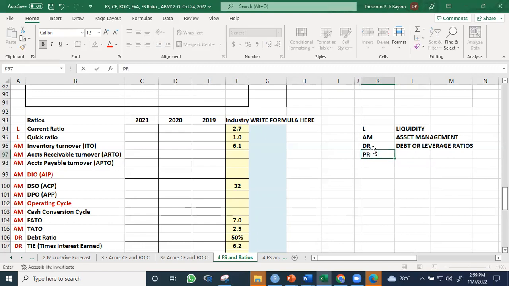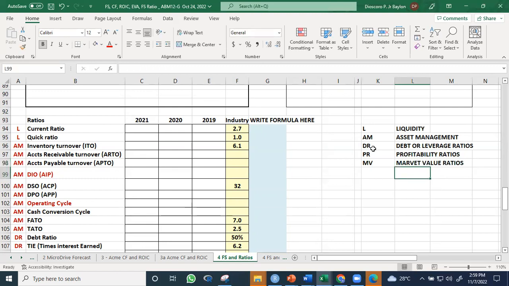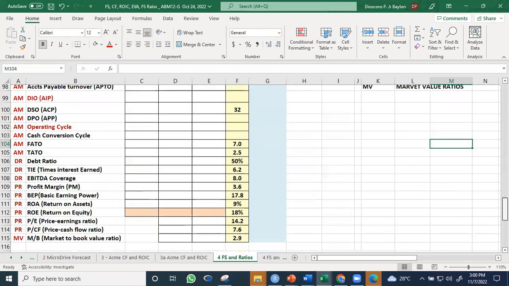And then we have PR, which stands for profitability ratios. And then we have MV, or your market value ratios. So there are many other types of ratios, and there are many examples of liquidity and asset management. We'll just focus on the most critical ones as far as we're concerned.